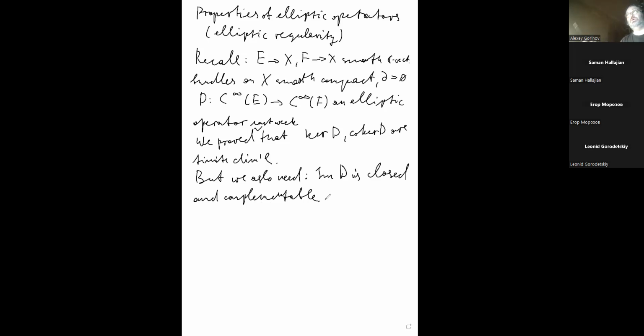This was one of the properties which I stated a while ago, and we used this property to prove a few things about elliptic complexes. So it's something that we already used, and let's prove it.